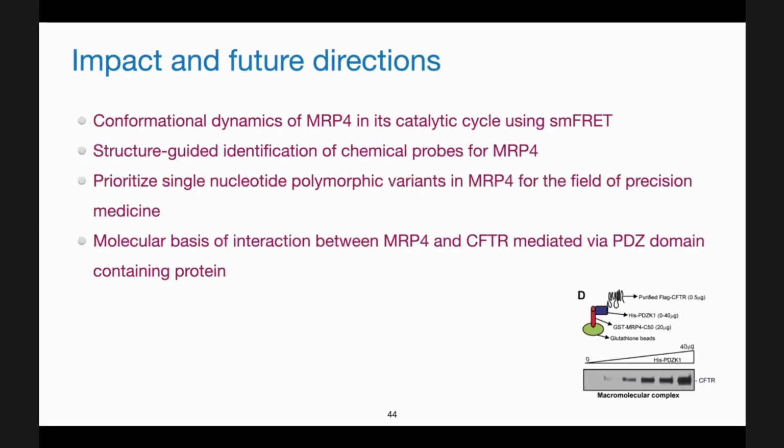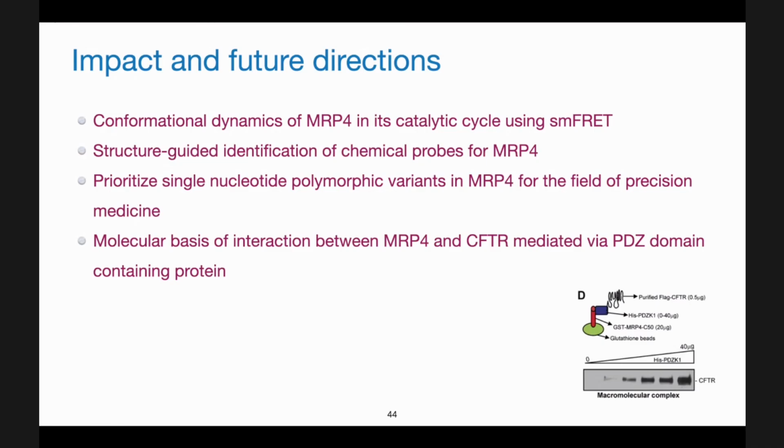We also want to continue this project by studying the MRP4 catalytic cycle using smFRET, so that we can connect those conformational changes to a more dynamic nature. We also want to pursue structure-guided identification of chemical probes for MRP4.